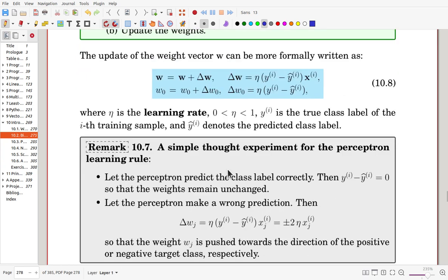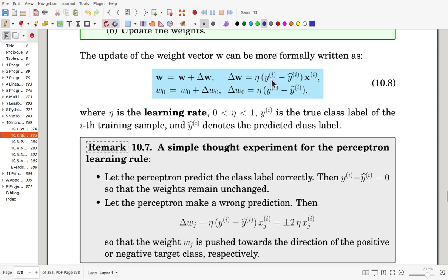Okay, for this update, let's do a simple thought experiment. Let the perceptron predict the class label correctly, then yi minus y hat i must be 0, so the weights remain unchanged. Once it's wrong, then if one is 1 and the other is minus 1, the difference will be 2.